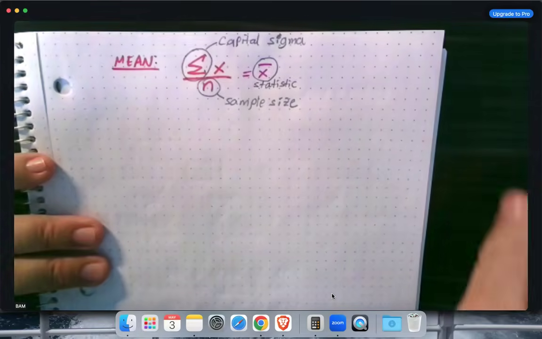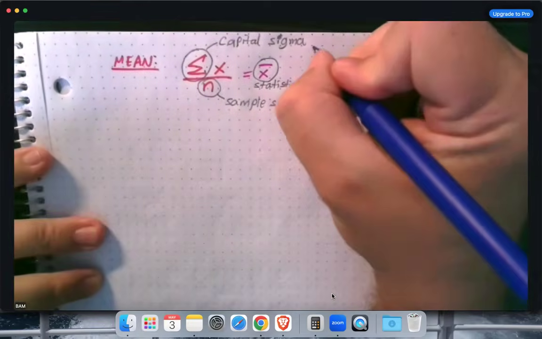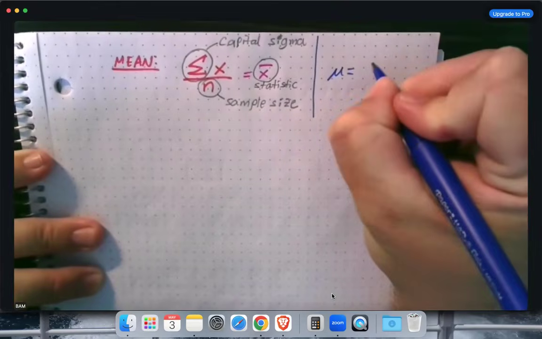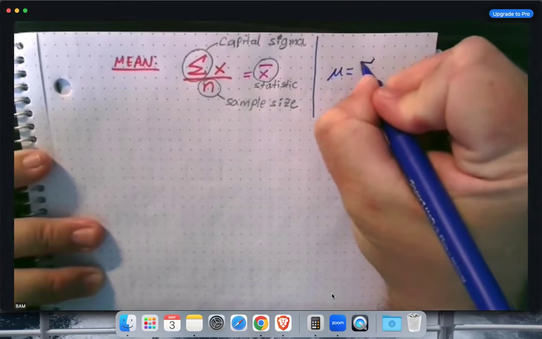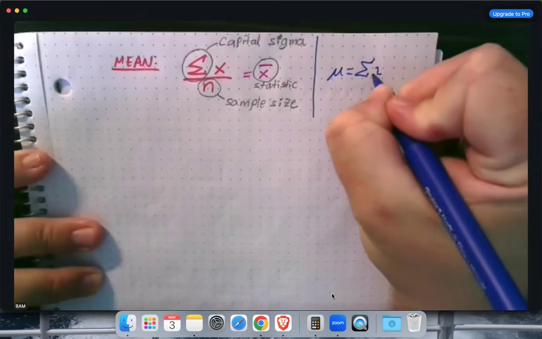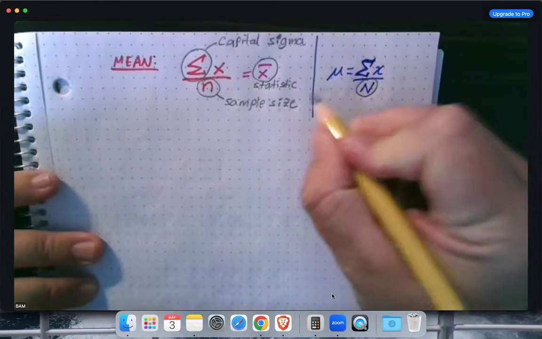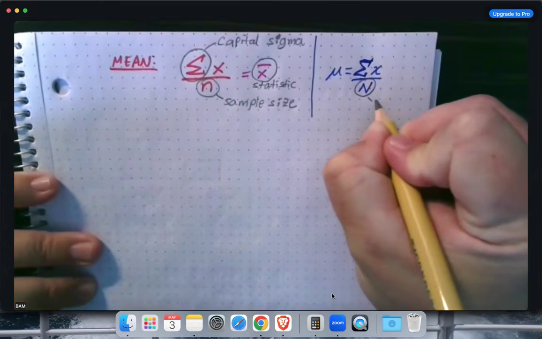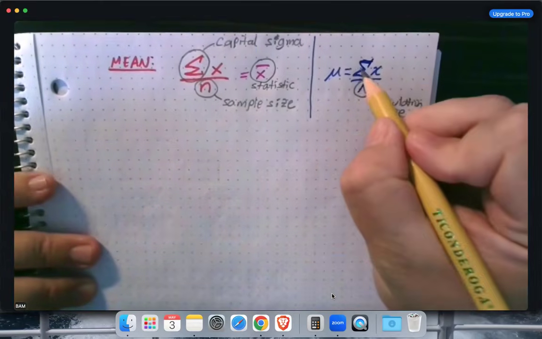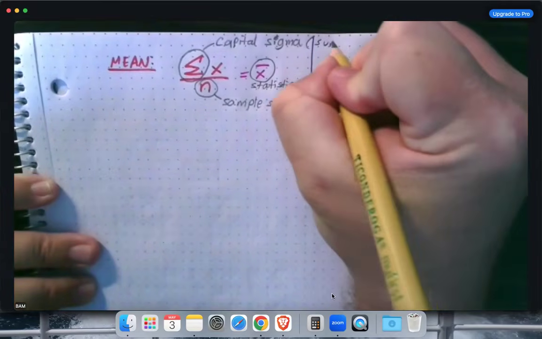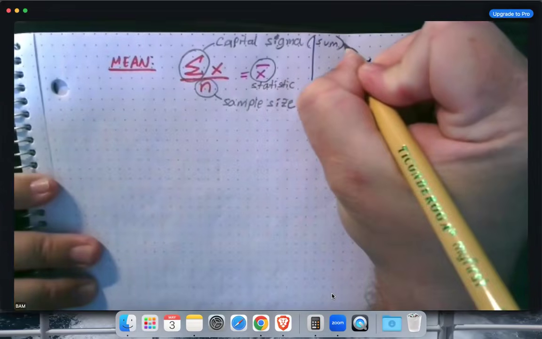Okay. But there's also mu, which equals the sum of all the X values over capital N. Capital N in beginning statistics is the population size. Capital sigma still means sum, which comes from adding.